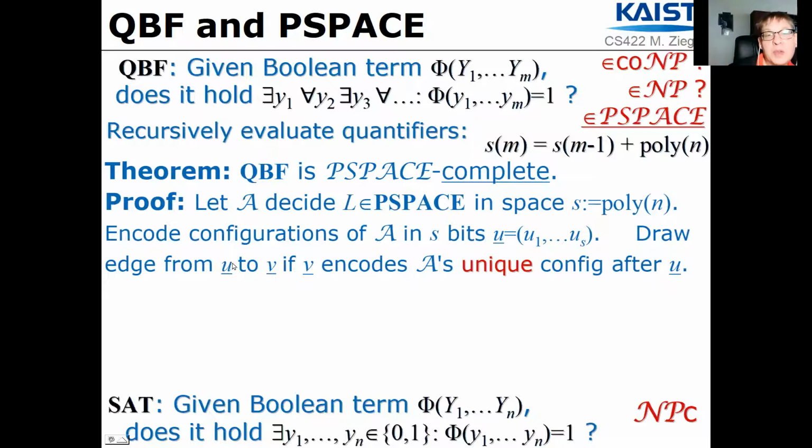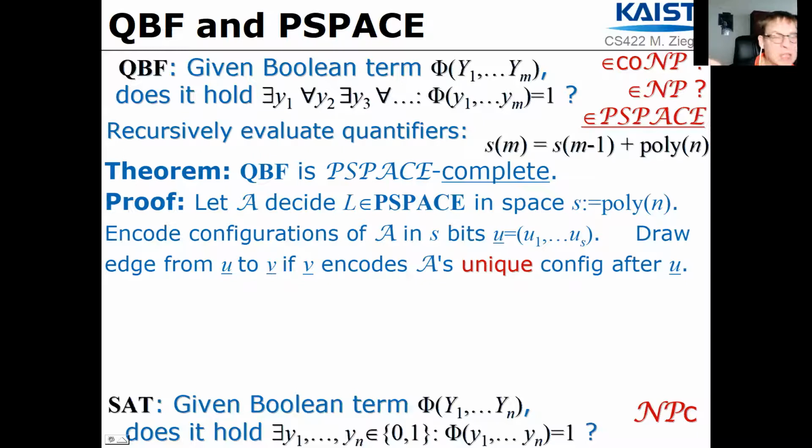And if U encodes or represents such a configuration, and now in our thought experiment we run the algorithm for one more step, then this will result in a different configuration. Well, a different one, because otherwise there would be a loop, right?